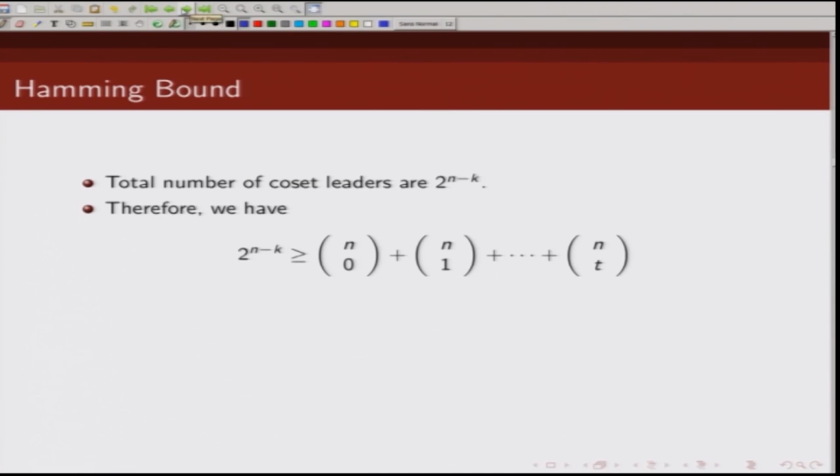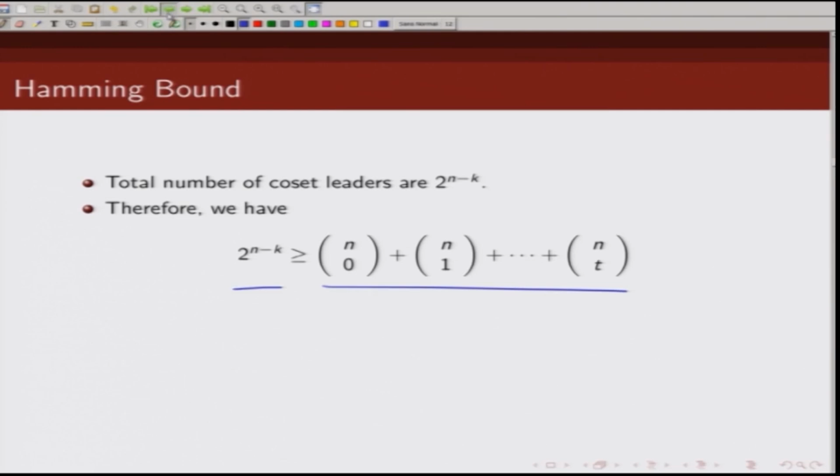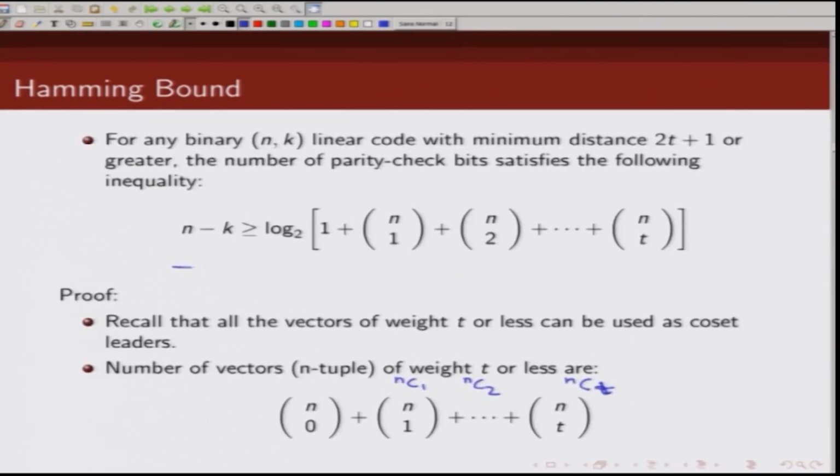Hence, we get this condition that the total number of coset leaders should be more than all error patterns of weight up to T, and hence if we take the log of this, we get this condition that n minus k is greater than or equal to log of this. And that is basically our Hamming bound.